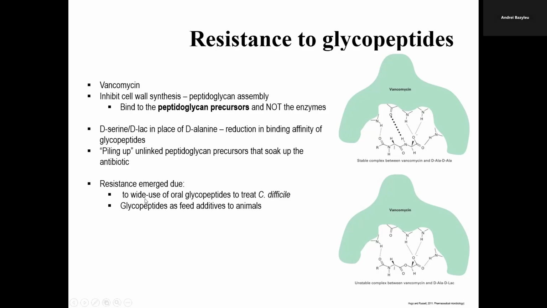Resistance to vancomycin, speaking of, how does the resistance emerge to these antibiotics out there? It will be the case for most antibiotics that we will look at. It's just excessive use of antibiotic, and vancomycin is no exception here.